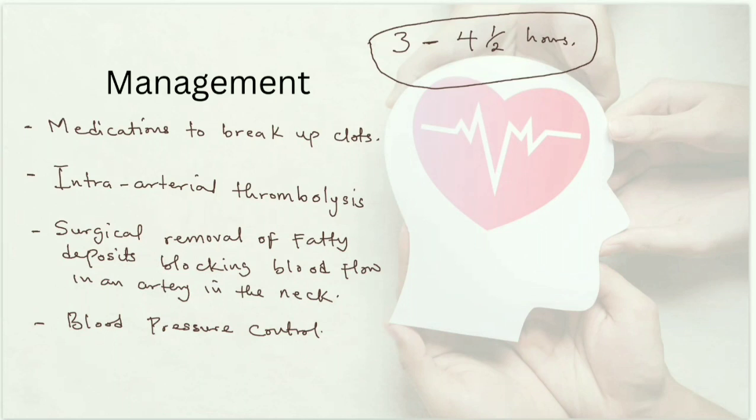If the patient meets the criteria for it, the patient would actually be thrombolized. Thrombolized just means breaking down of clots. So if the patient presents within this time period, thrombolysis can still be done with medications.